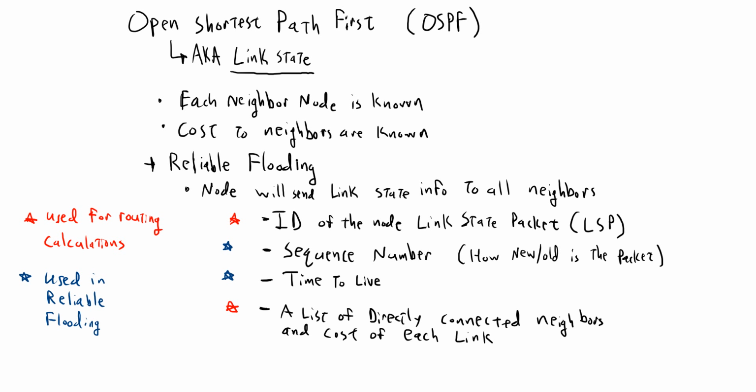The sequence number basically allowing us to be able to tell how new a packet is, and the time to live being able to terminate that packet eventually. So this is what's shared by the flooding.